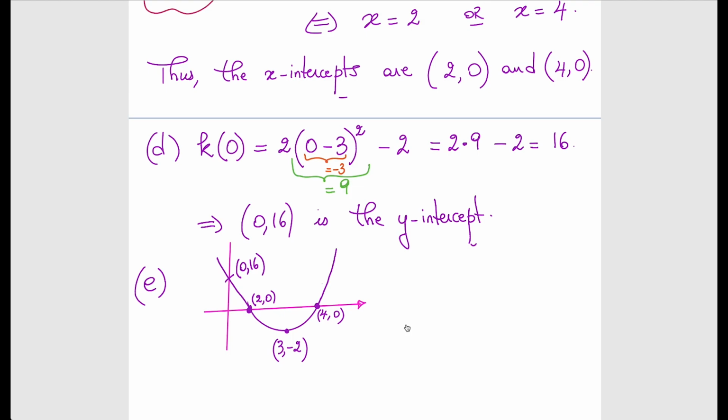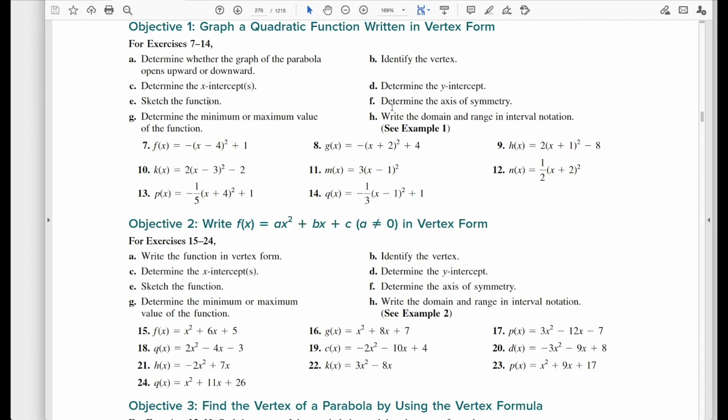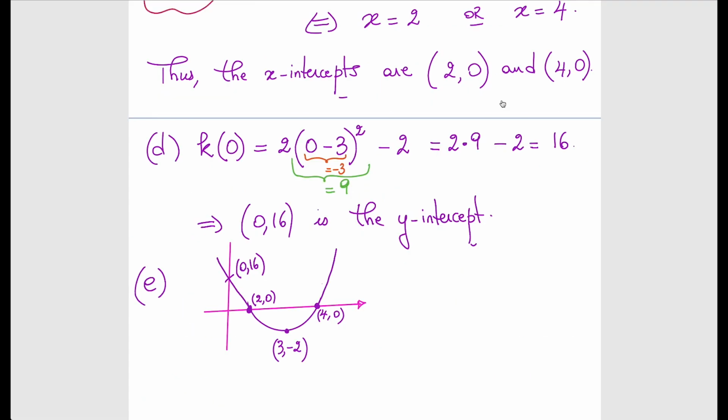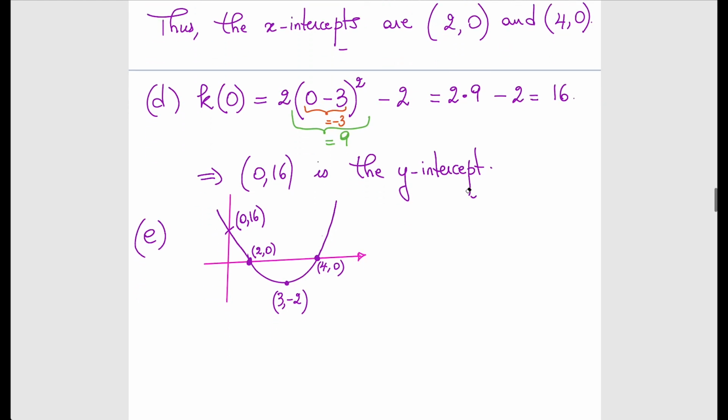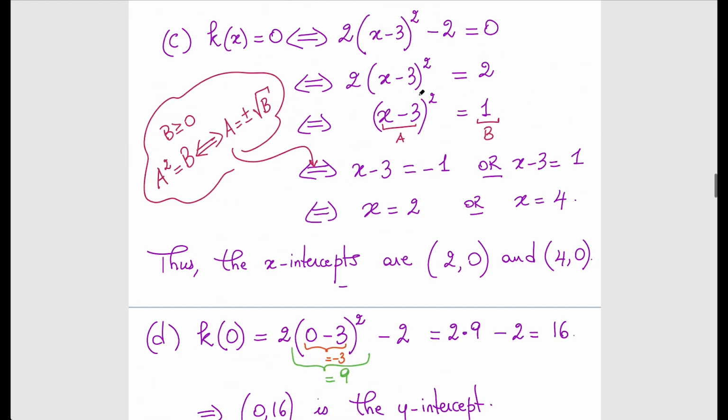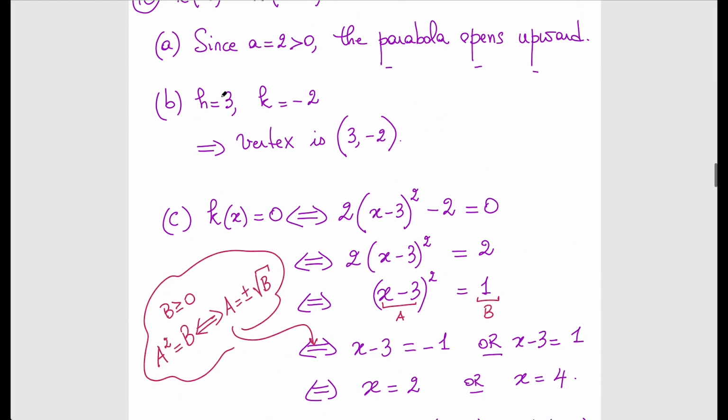Now, part F. Determine the axis of symmetry. The axis of symmetry, based on the property that we just read above, is x equals h, right? And h here is 3, correct? Remember, h was 3 here. So h is 3.